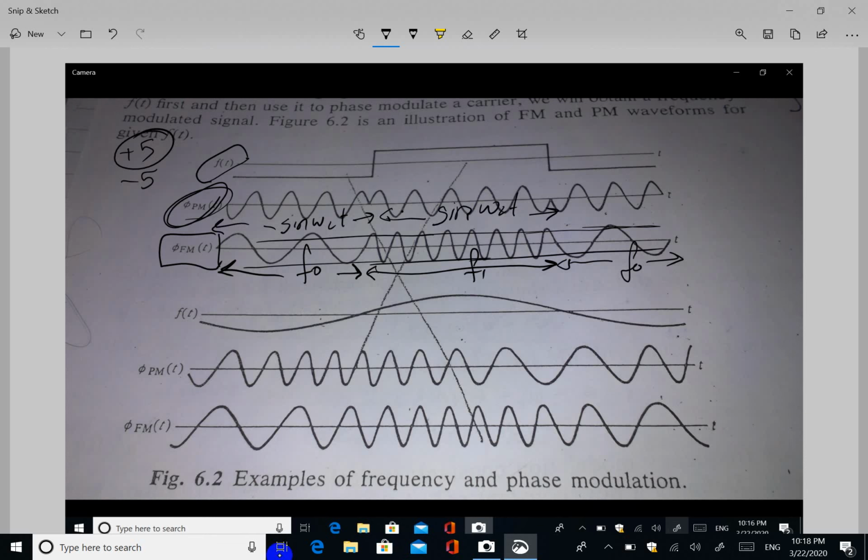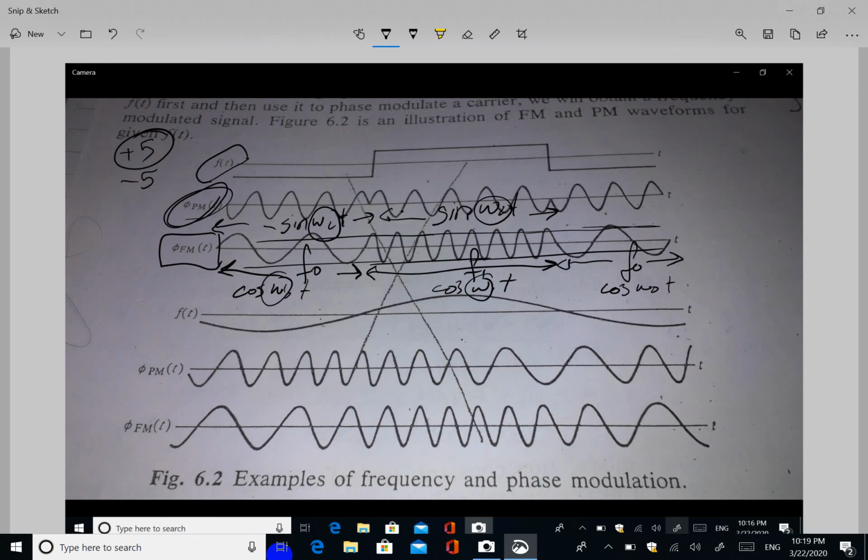In the FM case we have two frequencies: cosine omega naught t here and cosine omega 1 t here, so omega naught and omega 1. But in PM the frequency is constant and the difference is in the phase, between minus sine and plus sine.